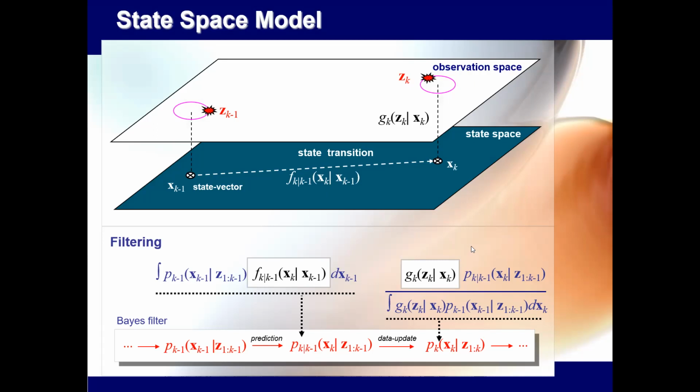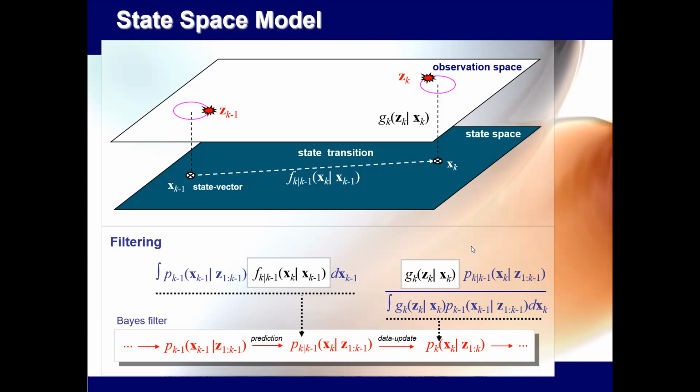The first step on the left-hand side of the slide is nothing but propagation of the state PDF at the previous time k-1 through the Markov density. And what you need to do is take integration with respect to the state at k-1. That's the integration version. And when you receive the measurements from the sensor, you need to incorporate the measurement into the system.